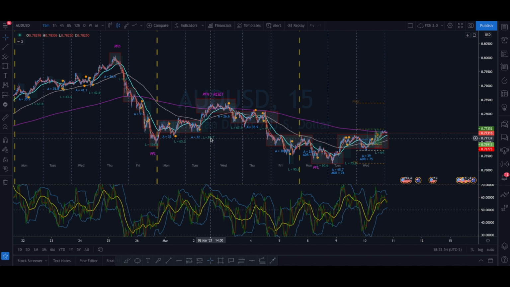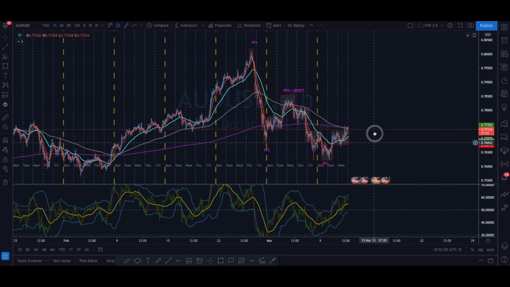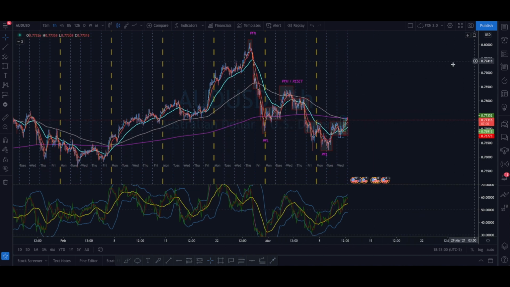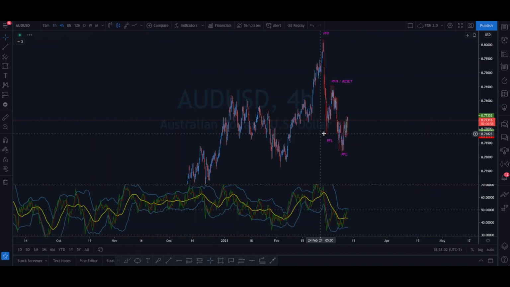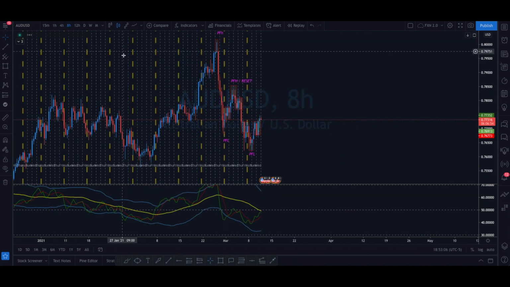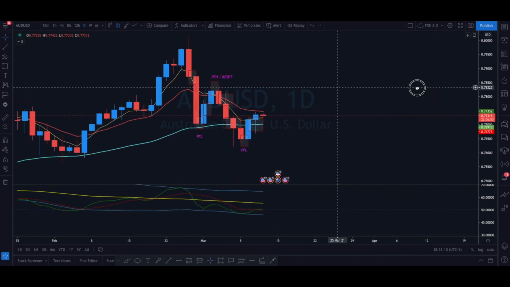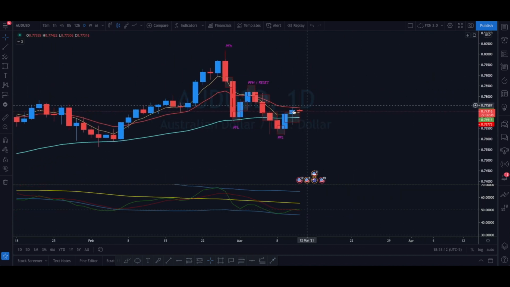So for example, right here, right now, we're saying we're at level 1. Now, on a higher time frame, like a 4-hour, even an 8-hour, or hell, even a daily, this may only be one level on a daily. So just keep that in mind.